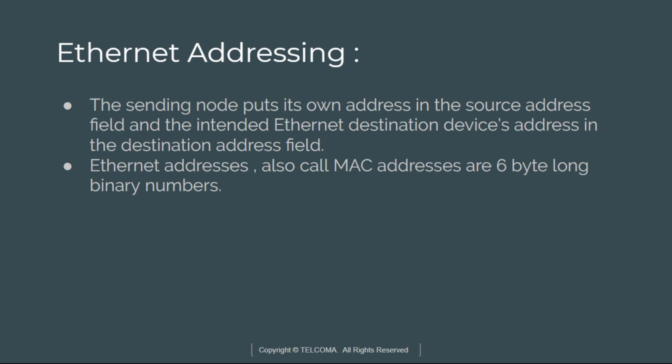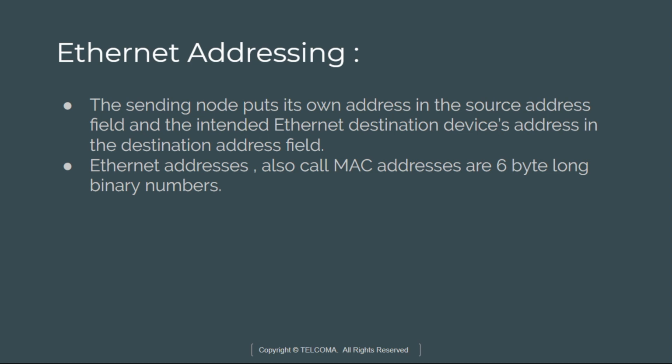Before a manufacturer can build Ethernet products, it must ask the IEEE to assign it a universally unique 3-byte code, which is called the OUI, the organizationally unique identifier. Why do we require the OUI?